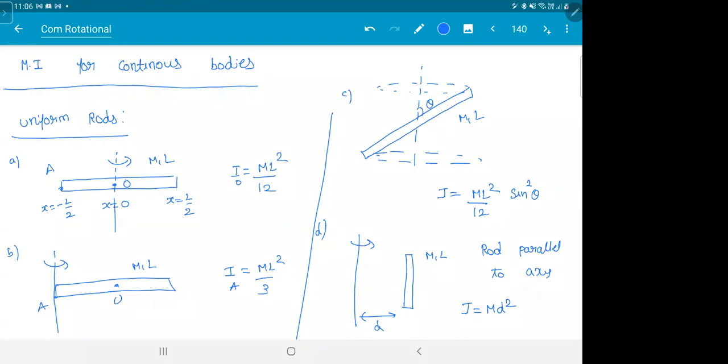So that will be a straightforward question. This is for the rods. These are the 4 results.